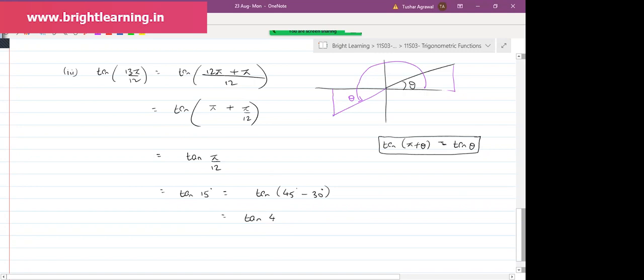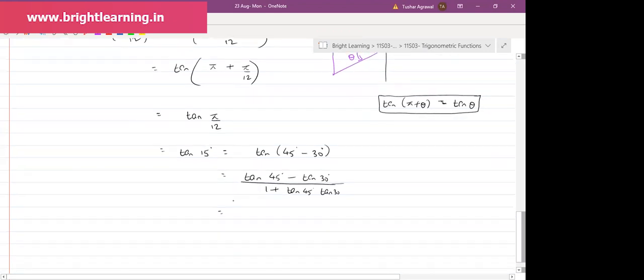So tan 45 minus tan 30 upon 1 plus tan 45 into tan 30. Substitute. What is tan 45? Tan 45 is 1, subtraction tan 30 is 1 upon root 3, upon 1 plus tan 45 is 1 multiplied by tan 30 is 1 upon root 3. So do the calculation, it turns out to be root 3 minus 1 upon root 3, and this denominator is root 3 plus 1.